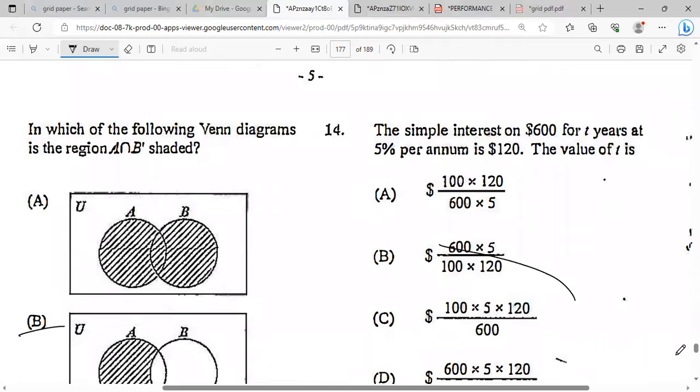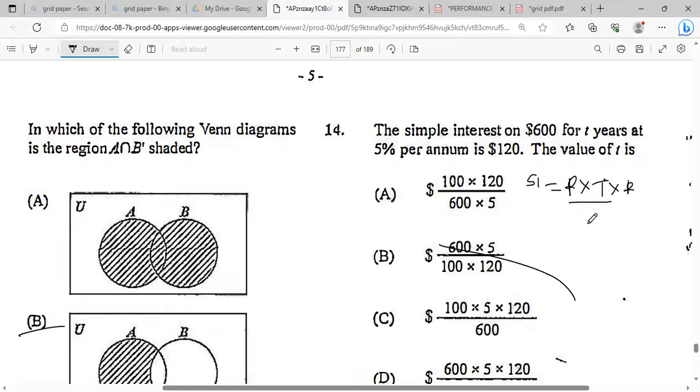It says the simple interest on $600 for 2 years at 5% per annum is 120. The value of T is... so they want us to find the time, just the formula. So let me do that. Simple interest is equal to the principal times T times R all over 100.